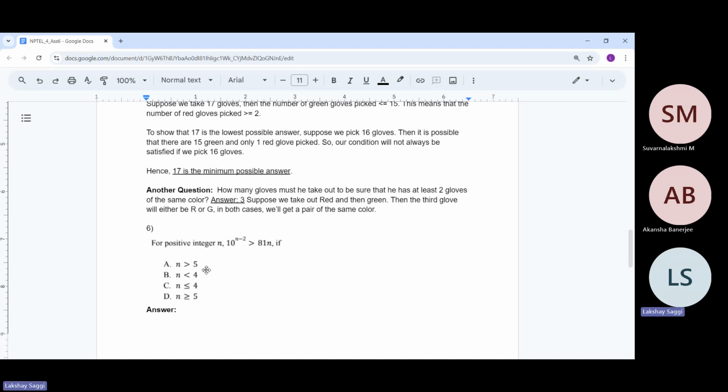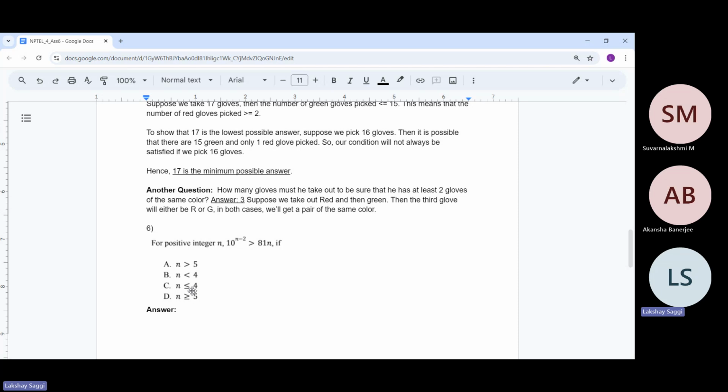Like it holds for n greater than 5, Suvarna, but let's just say if it was a single option correct, then actually what I'm trying to say is it also holds for n equals 5. Not just n greater than 5, but also equal to 5. So the correct answer is option D.